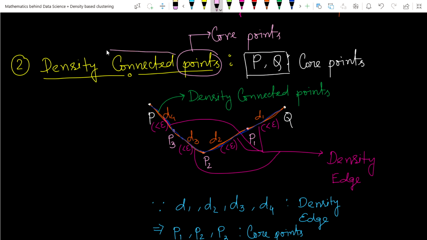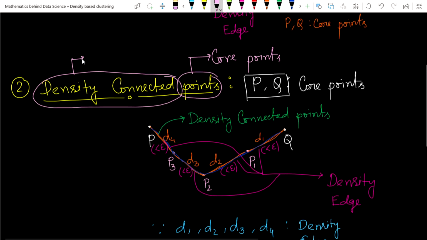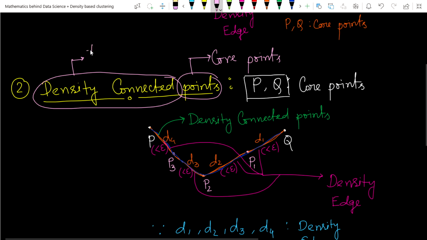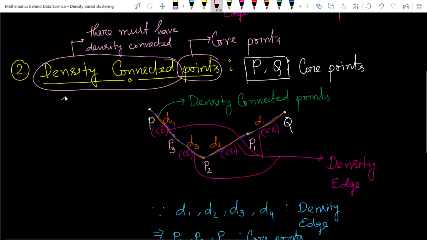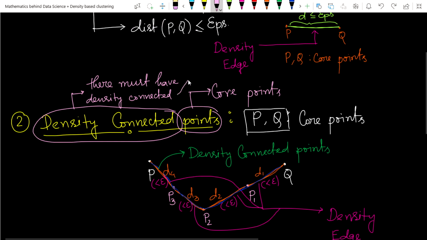And density connected means there must be density connected edges between these two points.